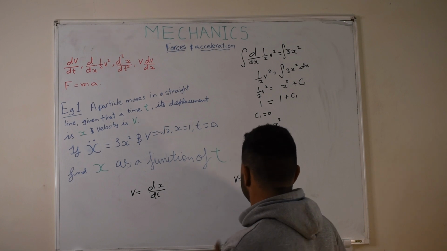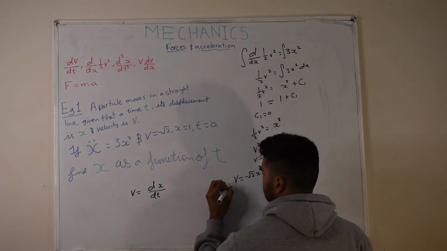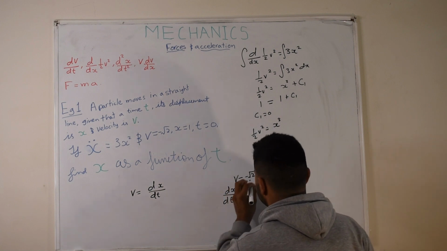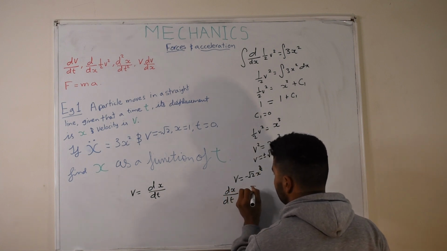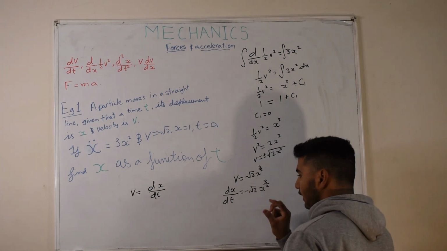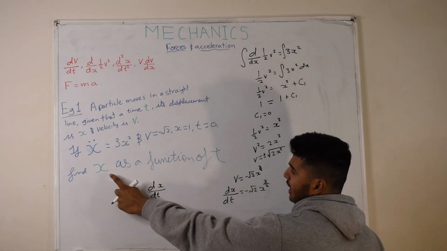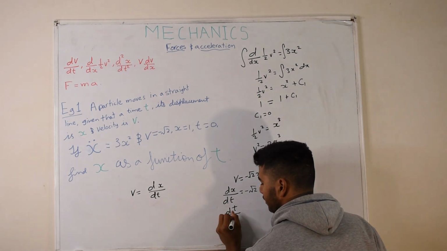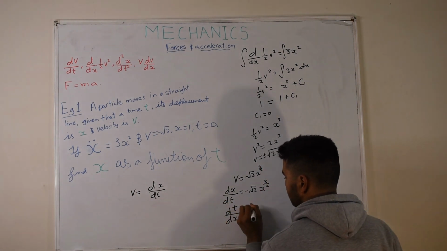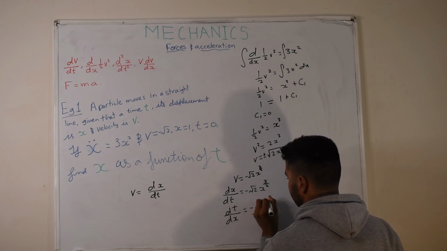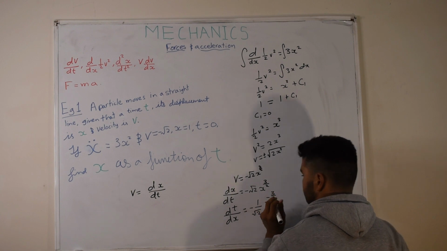Let's sub that in over here. So dx upon dt equals minus root 2 x to the power of 3 upon 2. Reciprocate in terms of x as a function of t. So dt upon dx equals negative 1 on root 2 x to the power of negative 3 upon 2.